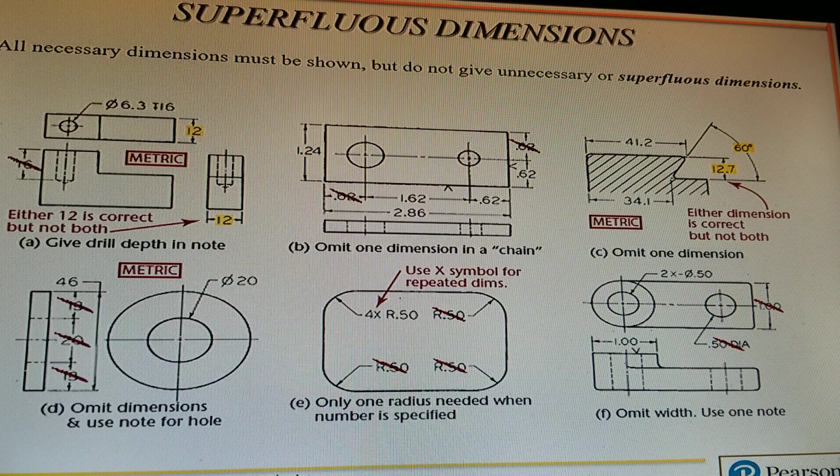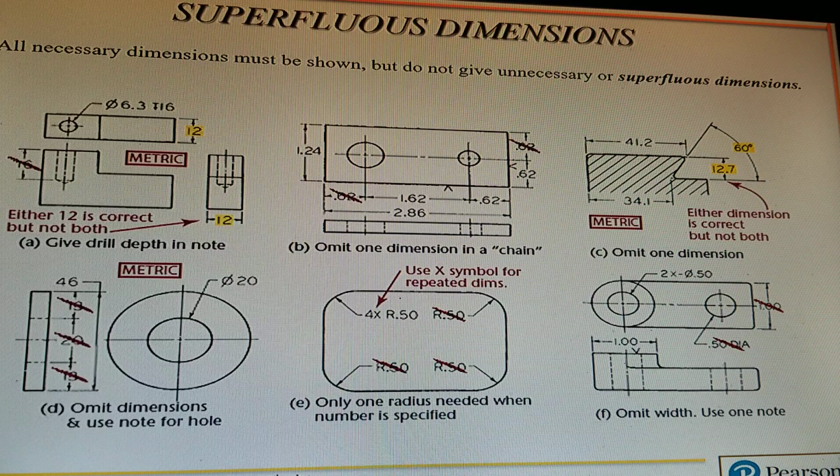You leave it out because you don't want to lock the reader into thinking that's something else, or 0.62. Again, that could be a case where somebody comes in later and does a revision and changes one of those dimensions, and you mess everything up.